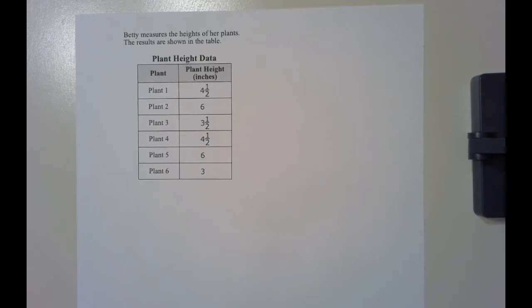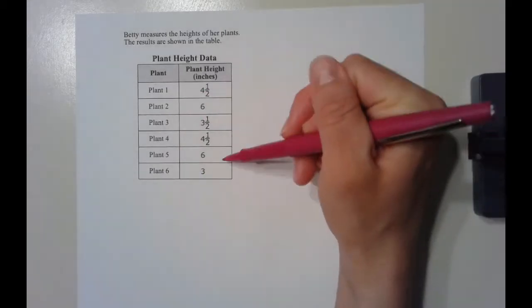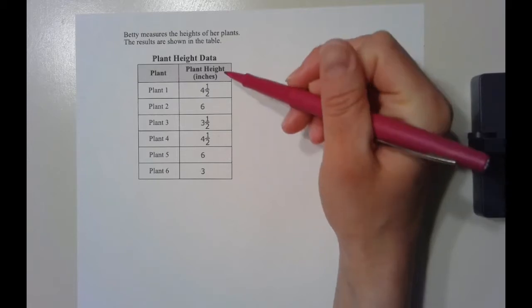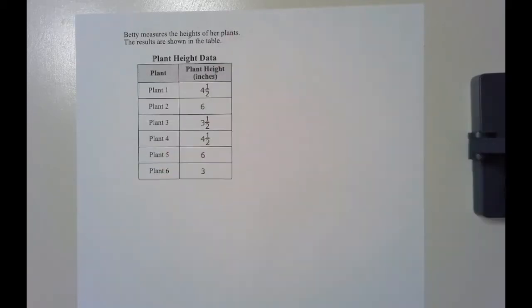Which plant height seems to be the least common? Then we can easily look at it and say, how many plants are greater than 3 inches tall? Or how many plants are less than 5 inches tall? It's really easy to see that when you make a line plot. You can still see that information by looking at the table, but it's harder to find than if you were to show it on a line plot.